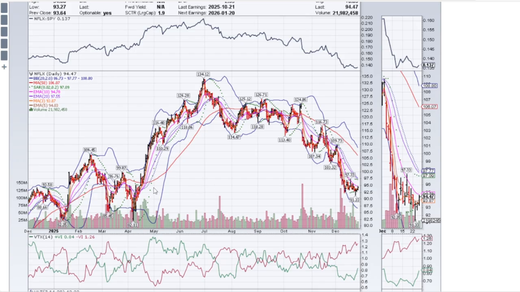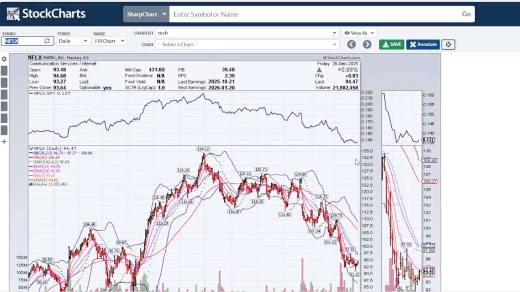If you look at it right now, the stock hasn't been here in about 8 months, since April. This was when Trump called out the first with the tariff news. So Netflix has the ability to bounce back. And if you look at it relative to the S&P 500, which this is, it has a negative 0.14 relative to the S&P 500.